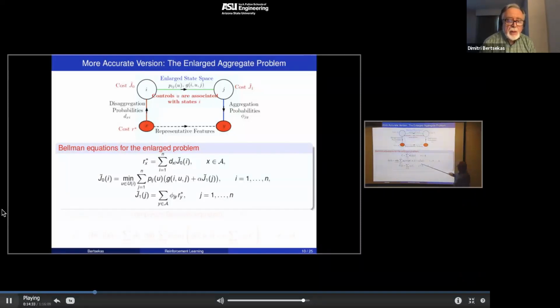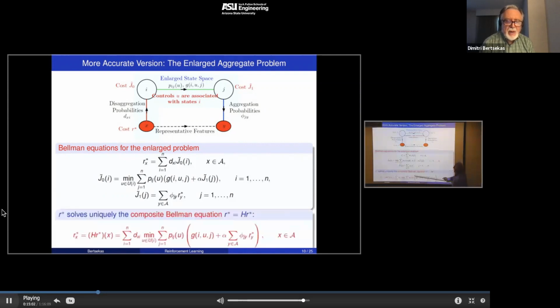The second Bellman equation is the original Bellman equation of the system. And there's another Bellman equation going down. J tilde 1 is an interpolated version of R star, with the interpolation coefficients being phi. So I've created a gigantic Bellman equation, bigger than what I started, but it turns out that it's still simple. And the reason is the following.